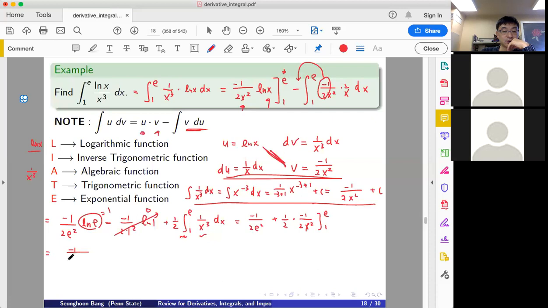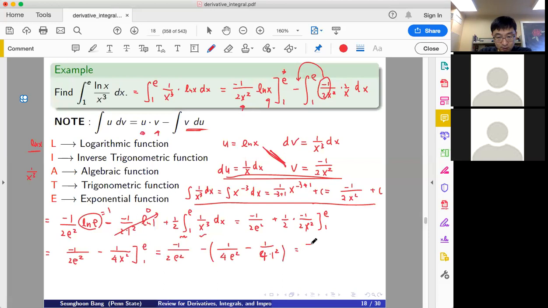This is negative 1 over 4 times x squared from 1 to e. You plug in e: negative 1 over 4 times e squared, minus plugging in 1: 1 over 4 times 1 squared.